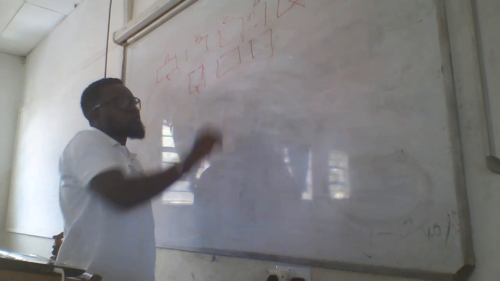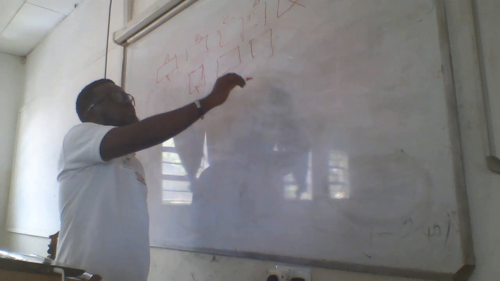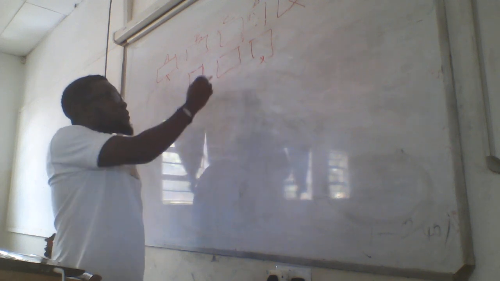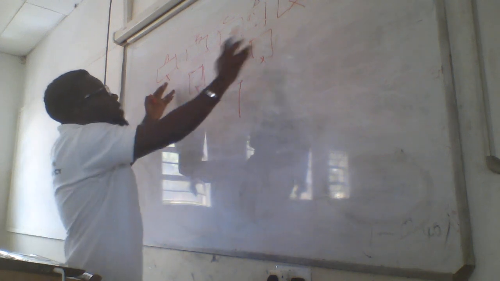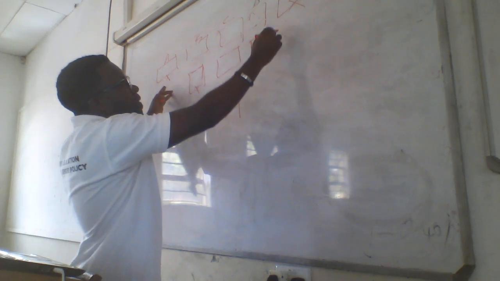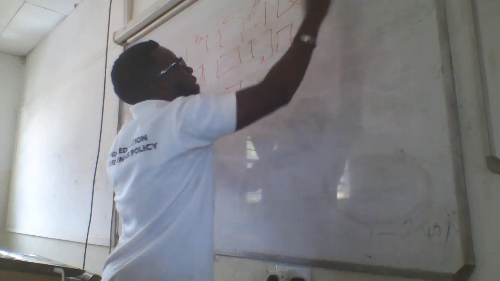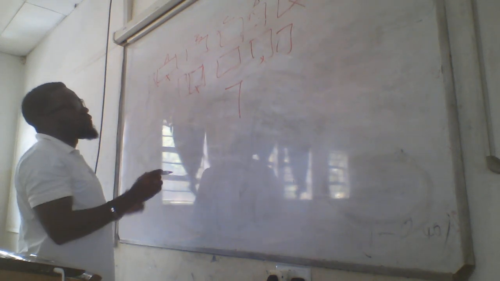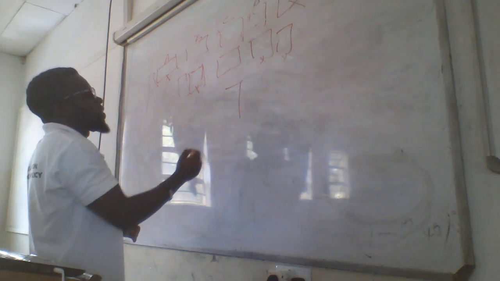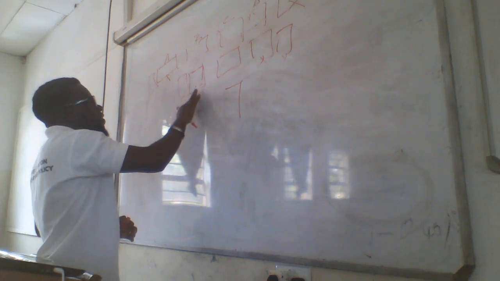If you look at this one also, you find that this one is even weaker than this one. So this one survives. So suppose probably here we had E, you find that E failed, this one failed.